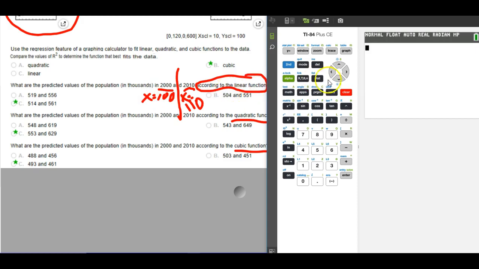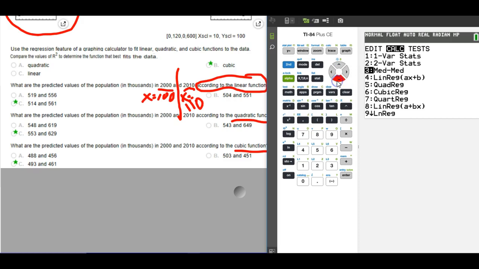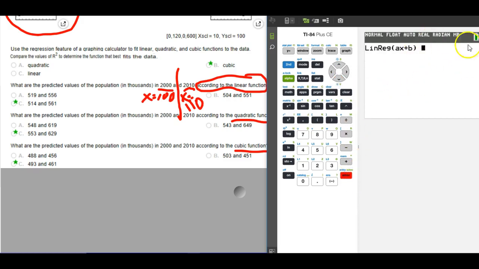This one was linear, so I'm going to retype in stat calc linear, the number 4, and immediately right there put vars, right arrow, enter, enter, and then enter for a 3rd time. Now out here, it just looks the same as earlier, but if you pressed your Y equal, you'll have all of that sitting there.